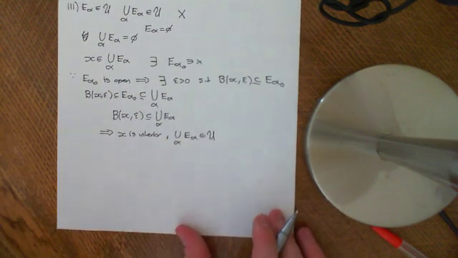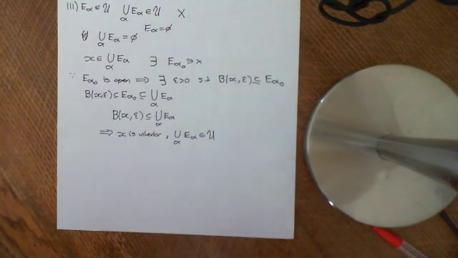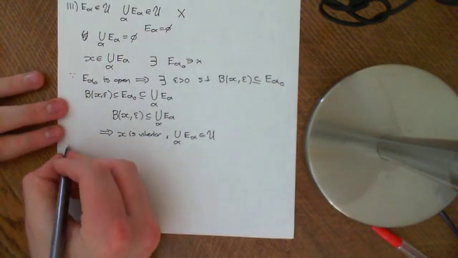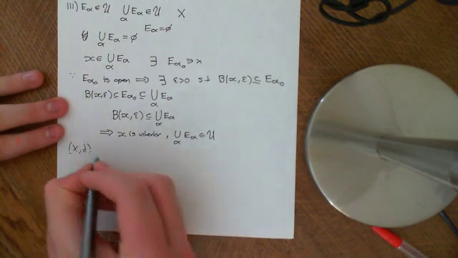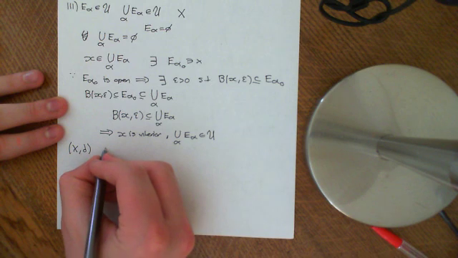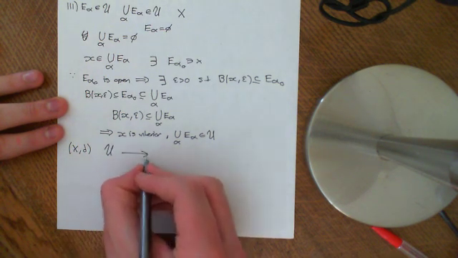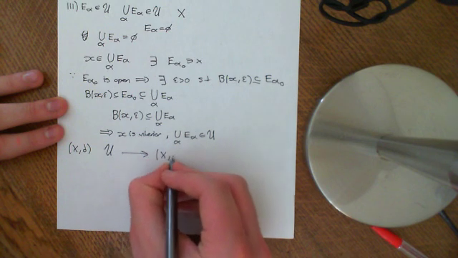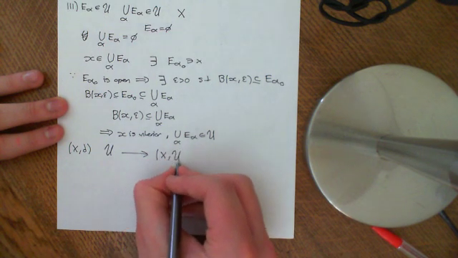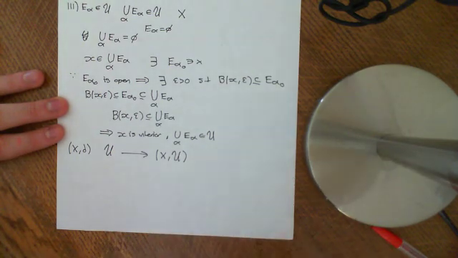So what we have shown there is that if we take any metric space X and d, and we collect up the set of all open sets and call it big U, then we can define a topological space, which is the set X along with the set U, and it will obey the axioms of topology.